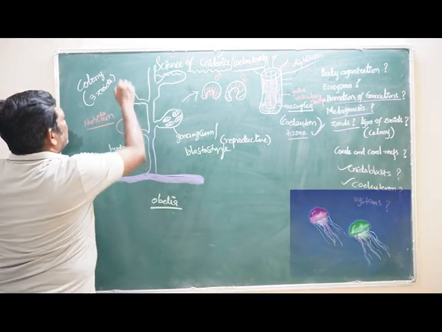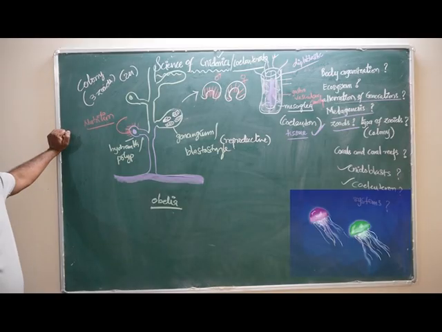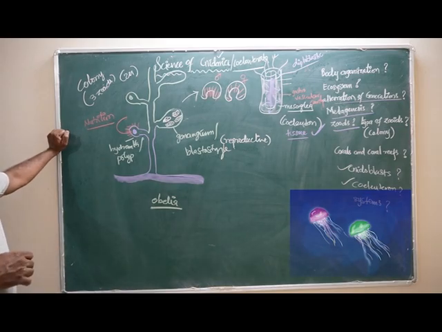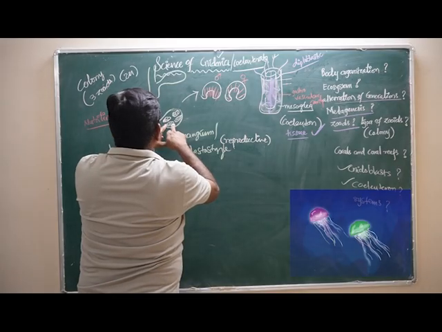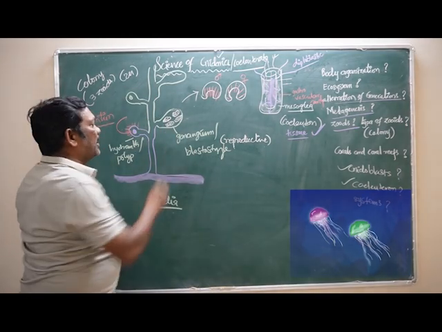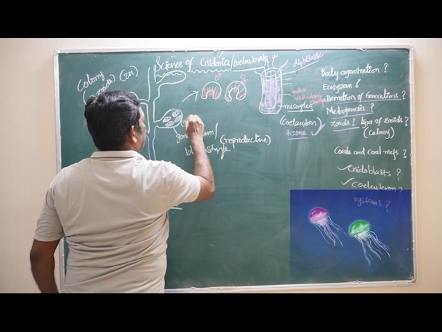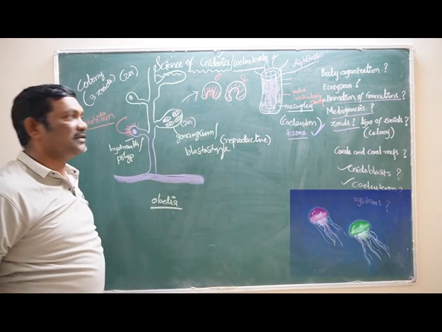See, diploid state, 2n number of chromosomes are present in it. This is the adult organism. And those Medusa which are developed in this colony are also in diploid state, not haploid state.